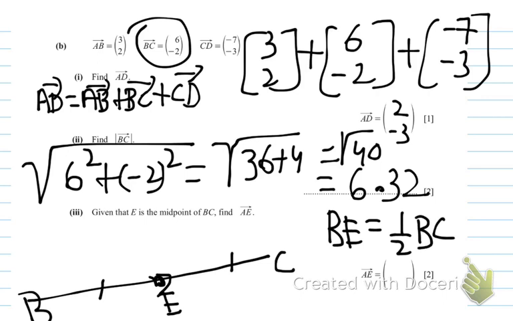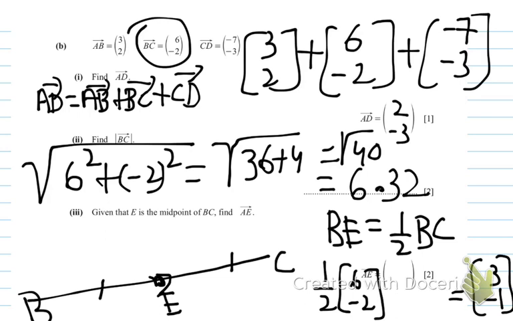You need to divide both components of the BC vector, the x component and the y component, by 2. BC vector is (6, -2), so 1 over 2 of (6, -2) gives (3, -1). So this is the BE vector.